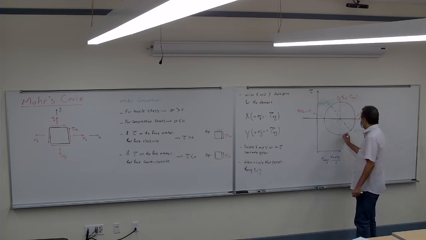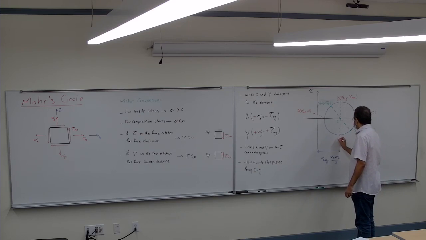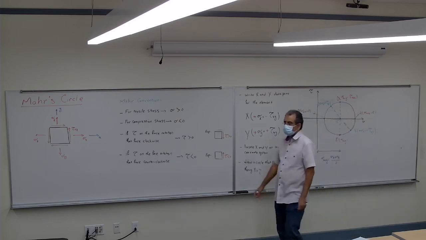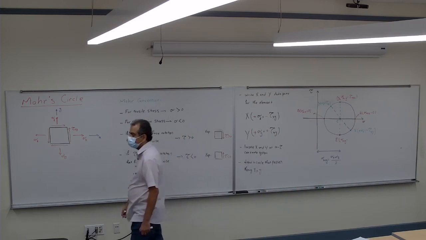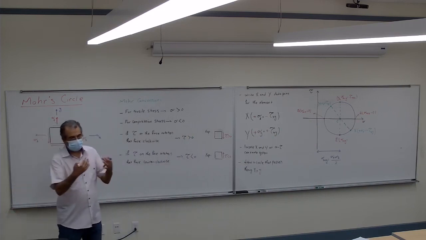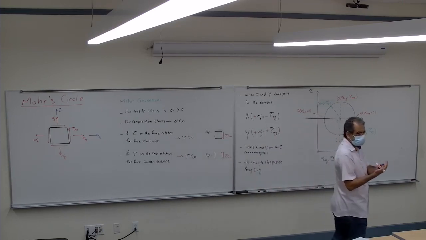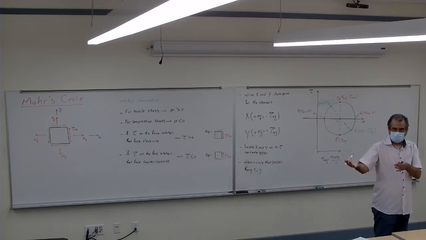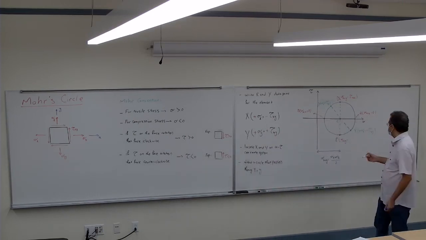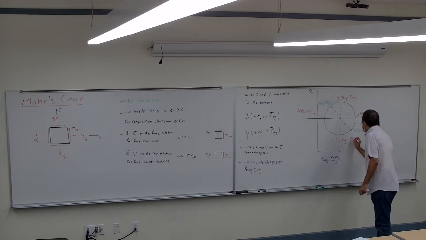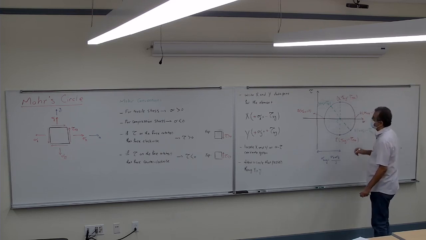What about this point here if I call it E? Sigma average and tau min. Remember, the magnitude of tau min is the same, it's just the negative of tau max. So it's going to be tau max, negative of tau max.